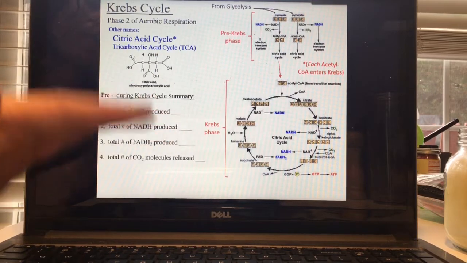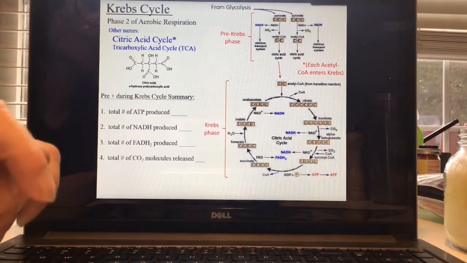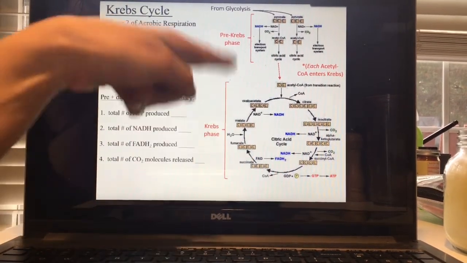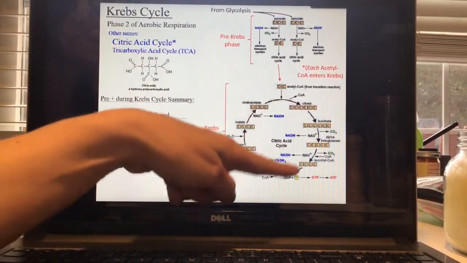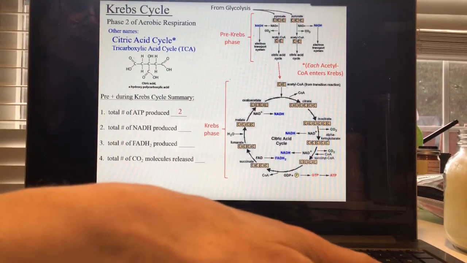So when we count up all of the products of the Krebs cycle, the first thing we want to account for is how many ATP. Now we got 1 ATP per acetyl-CoA, but we actually had 2 acetyl-CoA molecules, so the number of ATP produced would be 2.